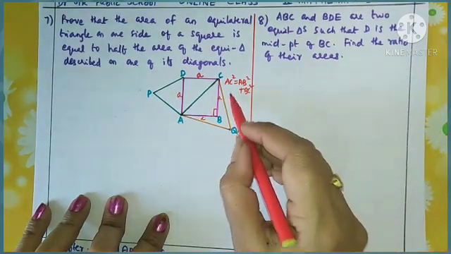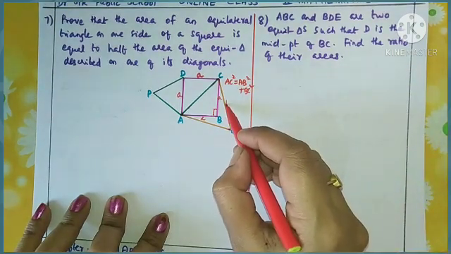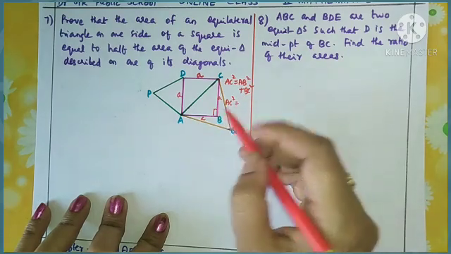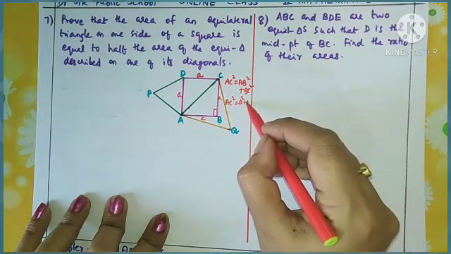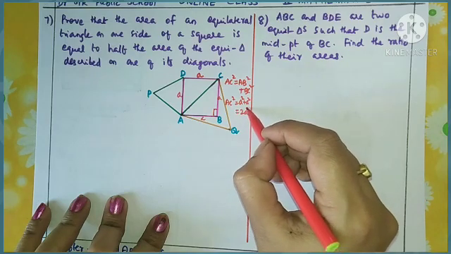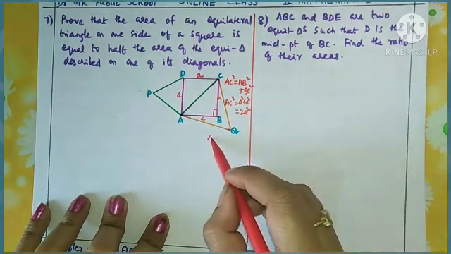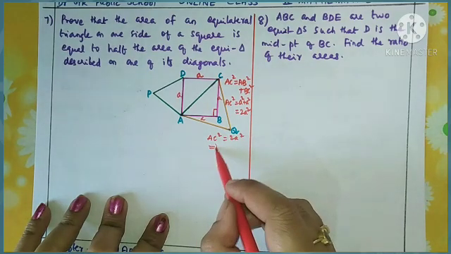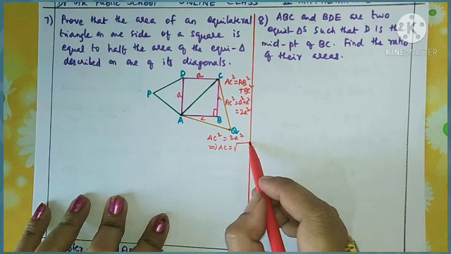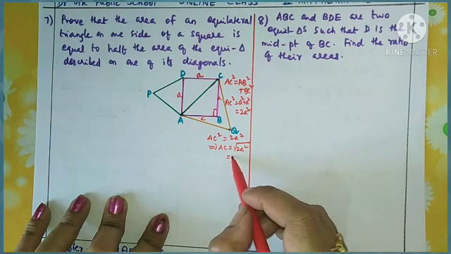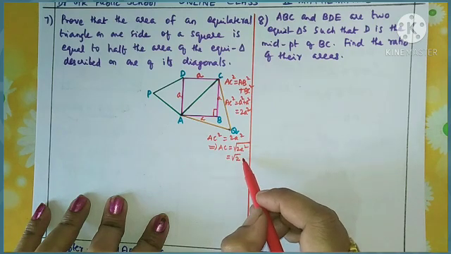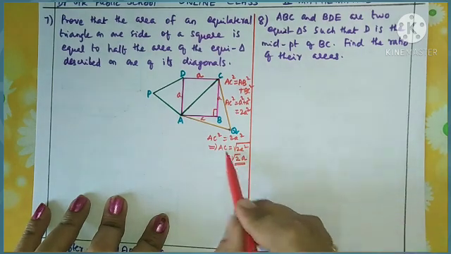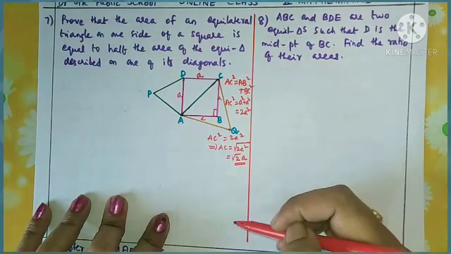Okay, so when you find this AC square, it will be equal to AB length is A, BC also A. So you get A square plus A square, that is equal to 2A square. So thus you get AC square is equal to 2A square. So that implies AC equals root of 2A square, that is root 2 into A, since root of A square is A. So this is the length of the hypotenuse you are getting.